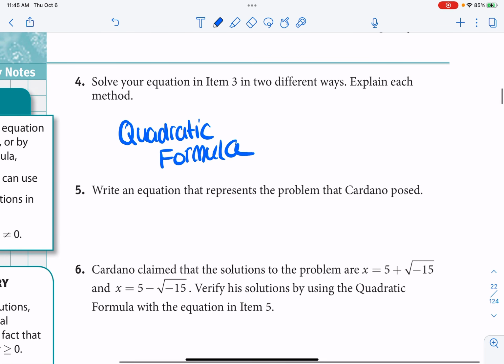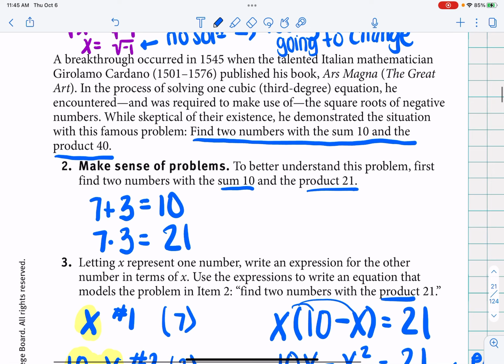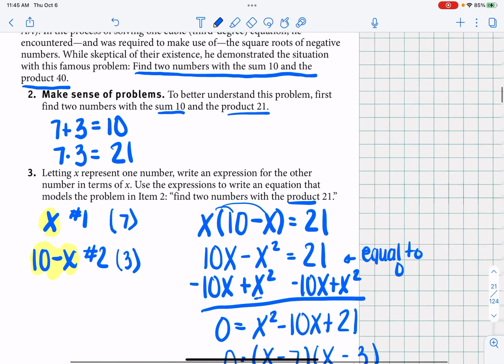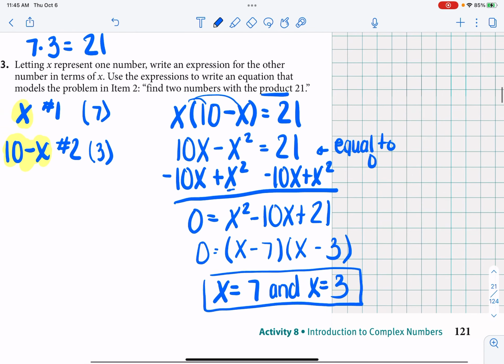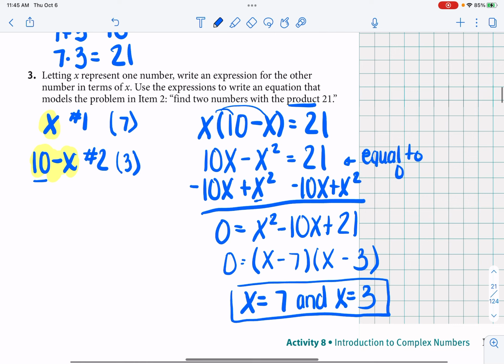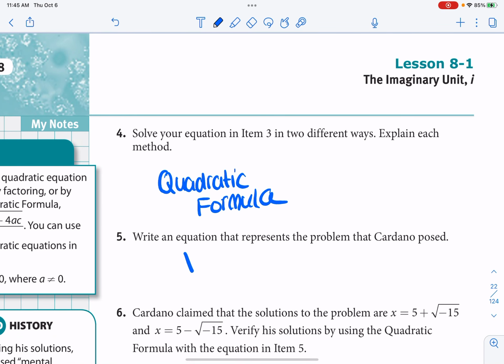So now jumping back to the problem that Cardano posed, okay? He posed that we want to find two numbers with the sum of 10 and the product of 40, okay? So the sum of 10, remember, notice here, 10 appeared here, okay? So what I can do is x times 10 minus x equals 40, okay?